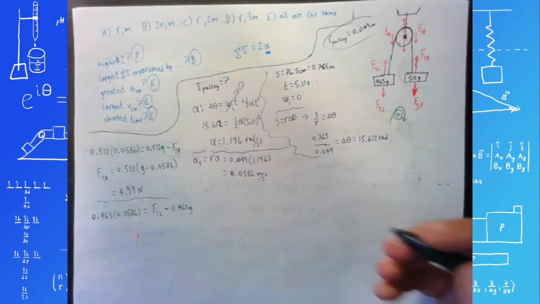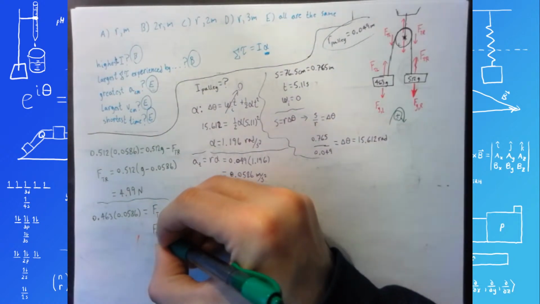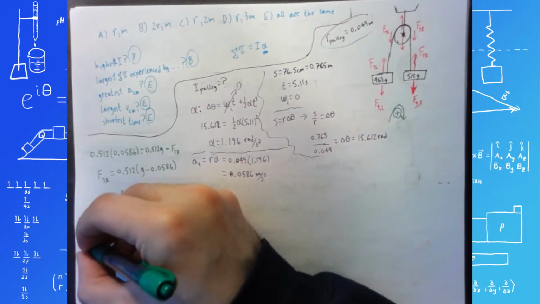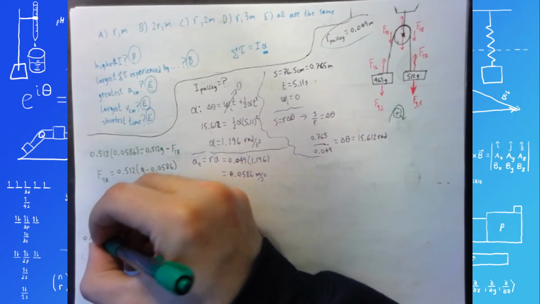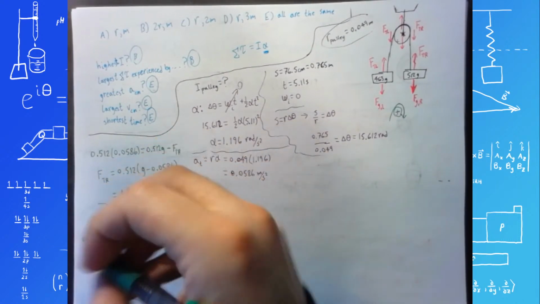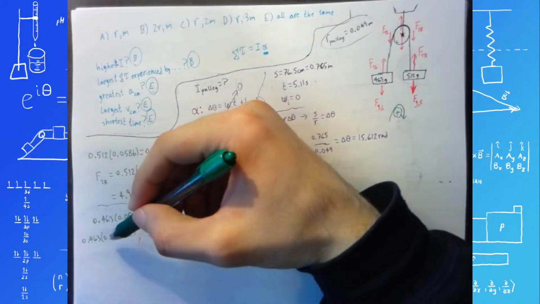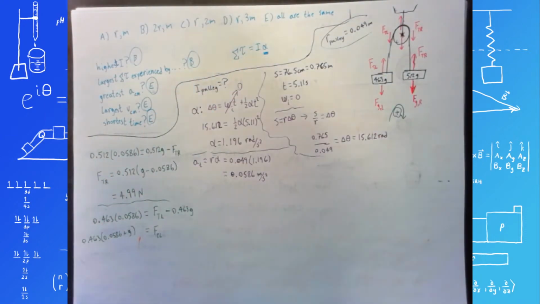Add 0.463 g to both sides, and I'm going to get force of tension left equals 0.463 times 0.0586 plus g, which is going to be what, 9.8586. So 0.463 times 9.8586 is going to be 4.564.